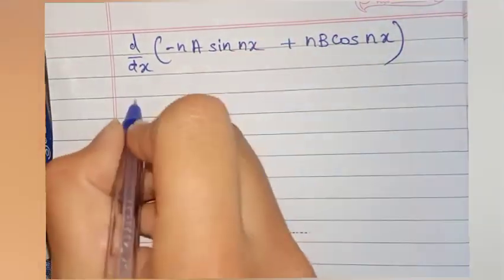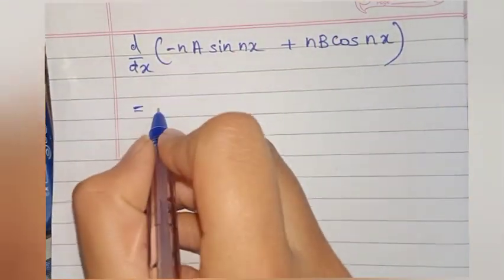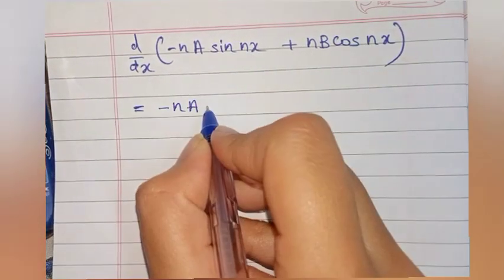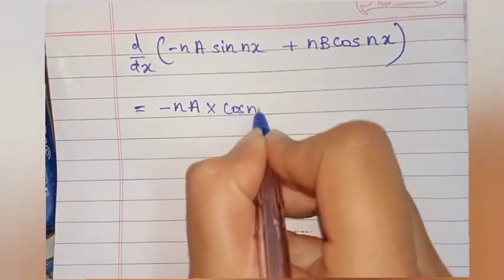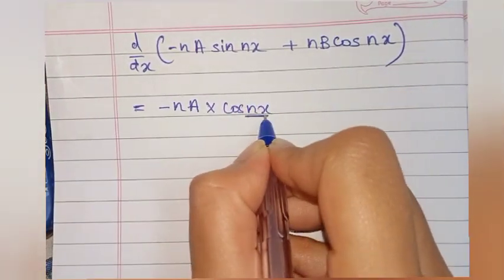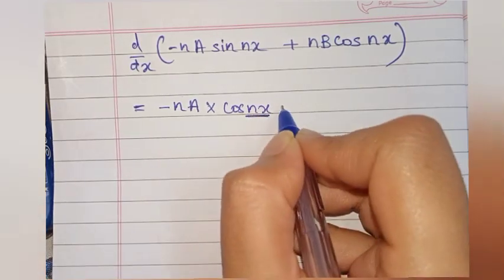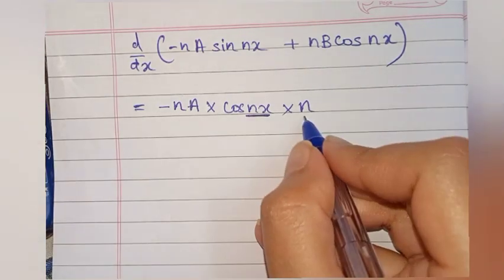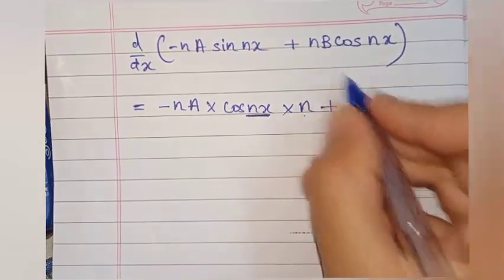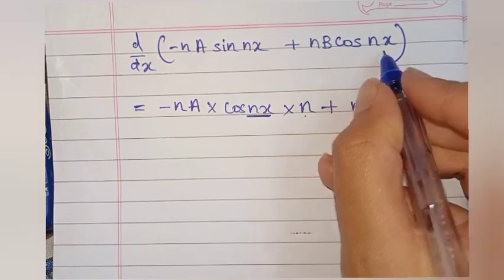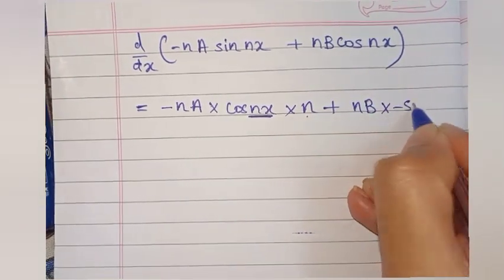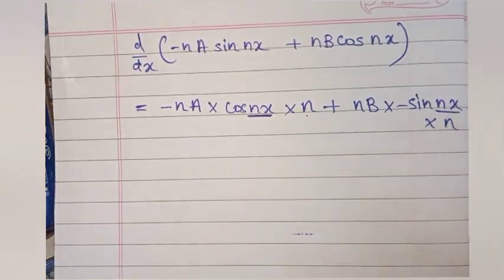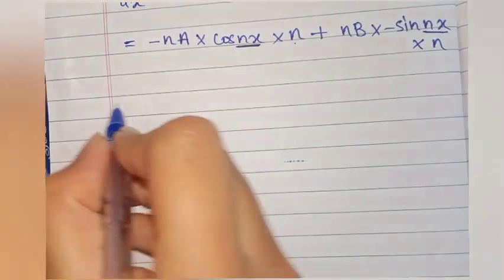Differentiating this, since na is a constant, we write na itself, and the differentiation of sin nx is cos nx, and we differentiate nx again, so we will get n. Plus nb is a constant, and the differentiation of cos nx is minus sin nx into n.